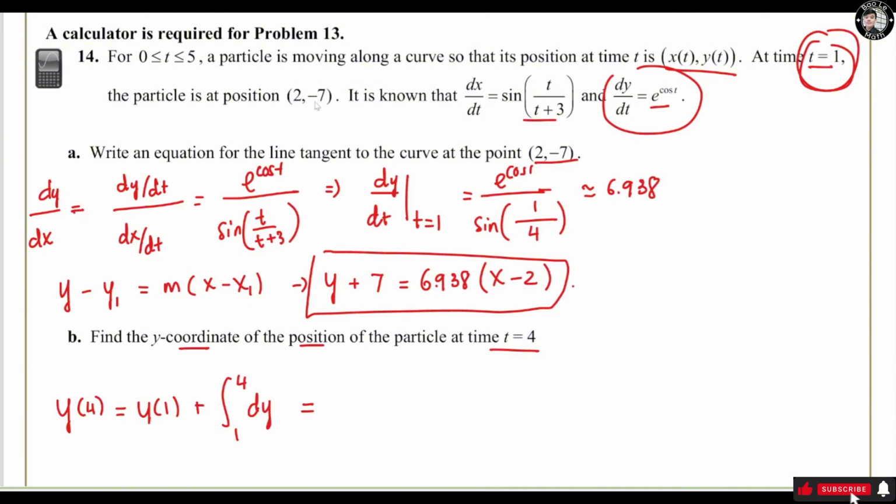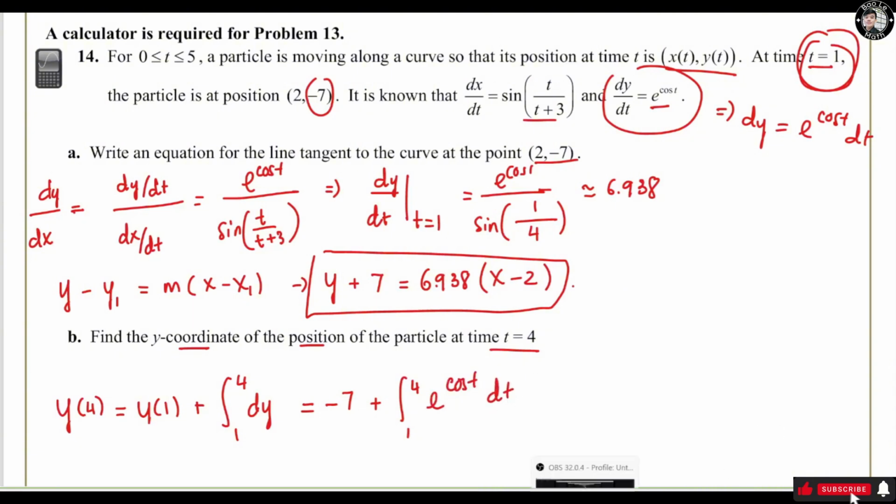Now y of 1 is -7 right here, right? So you have -7 plus the integral from 1 to 4, right? Now dy, we got it right here. We just multiply both sides by dt, so it could be e to the cosine t dt, right? Substitute this over here, so you have e to the cosine t dt, right?